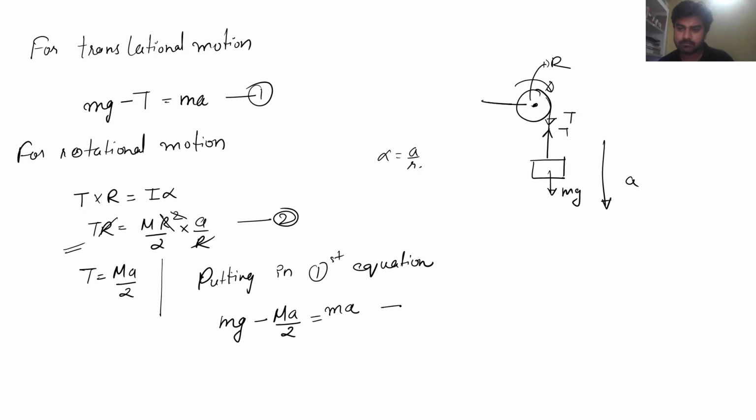Now taking this on the right side, taking A common, mg is equal to, if you take A common, you will get capital M by 2 plus m. So from here, A will be equal to mg divided by M by 2 plus m. Okay, which option matches?